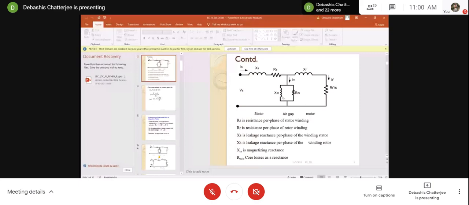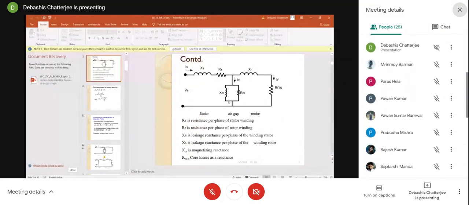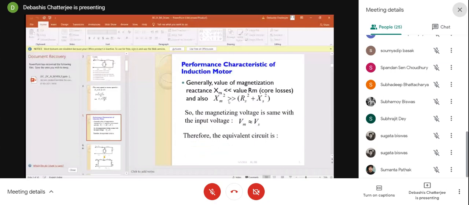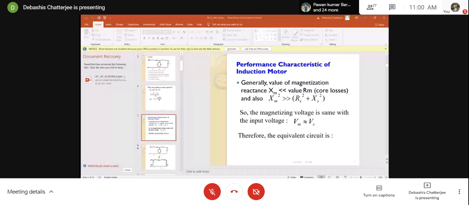Therefore, in this equivalent circuit, to simplify the model, we can neglect RM, because the current through RM will be much lower compared to the current through XM, right? And secondly, XM square is much larger compared to Rs plus jXls square, right? That means the magnitude of this magnetizing reactance is much larger compared to the stator leakage impedance.